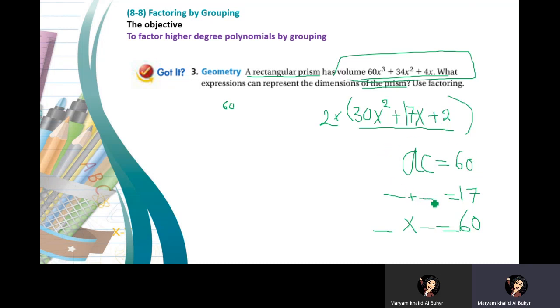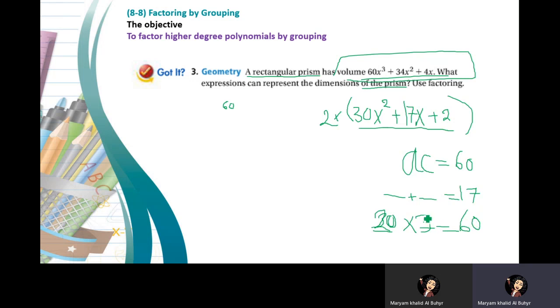Okay, 20 times 3 will give me 60, but I need one of them to be negative.